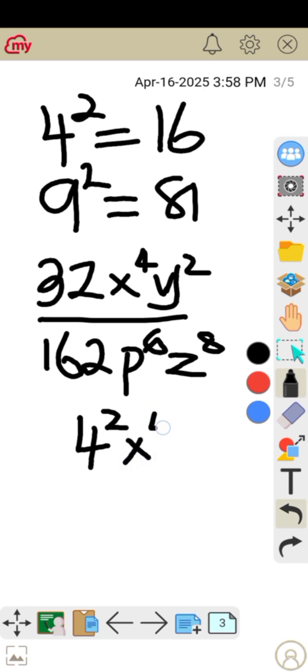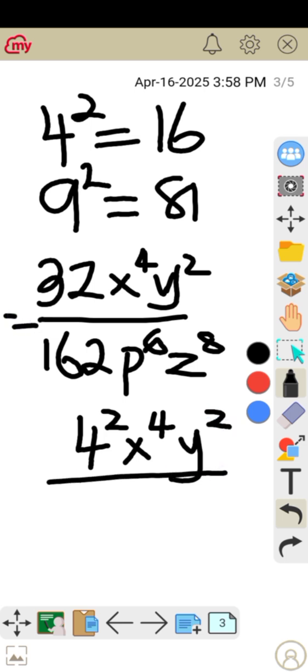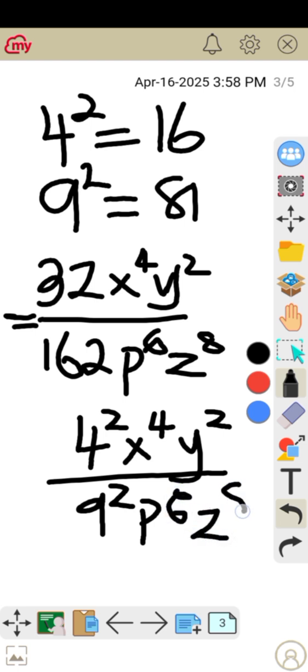I will replace this with x raised to the power 4, replace this as y raised to the power 2. Then in place of 162, I'm going to put 9 raised to the power of 2. This I'll put p raised to the power of 6. And this I'm going to put z raised to the power of 8. So the only thing I did is I changed 32 to 4 raised to the power of 2, changed 162 to 9 raised to the power of 2, because I did my first division.